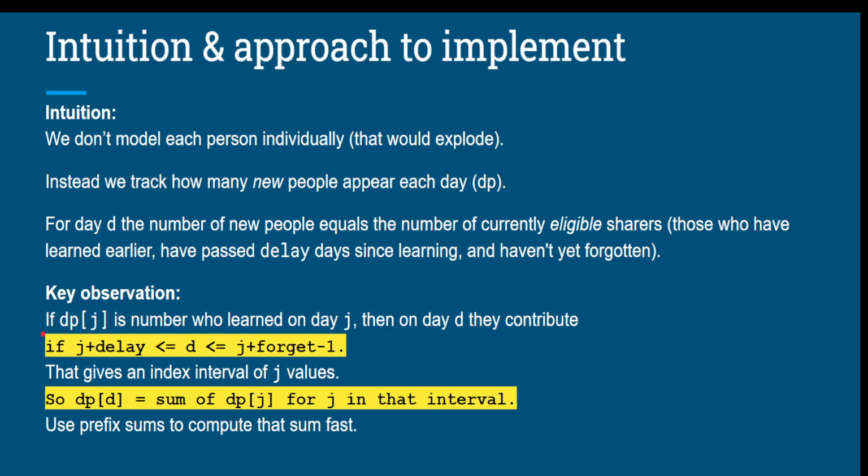So our observation is, if dp at j is the number who learn on day j, then on day d they contribute. So dp at d is equal to the sum of dp j over these intervals, right? And then we'll use the prefix sum to compute that sum fast. We have understood this.